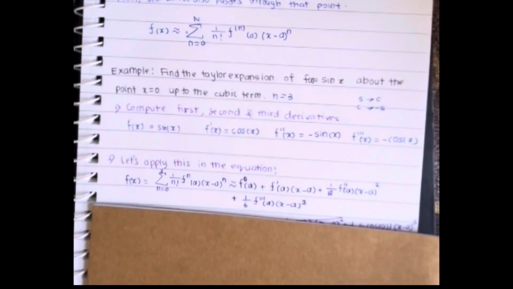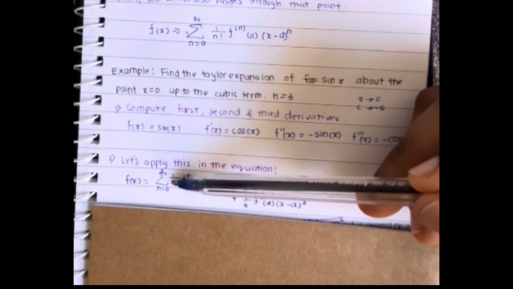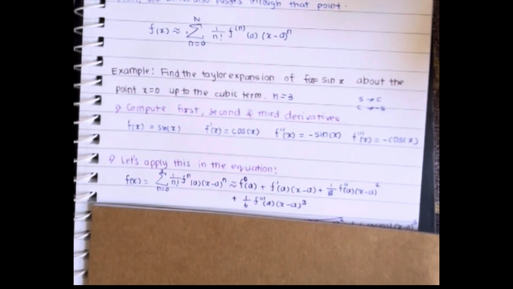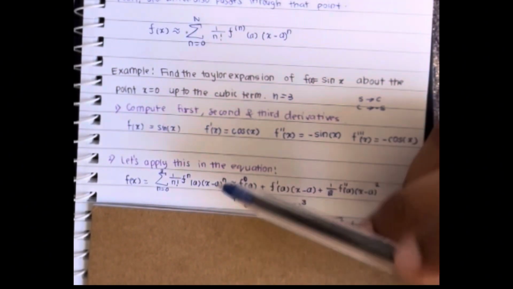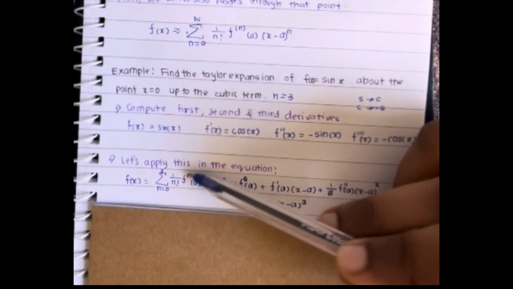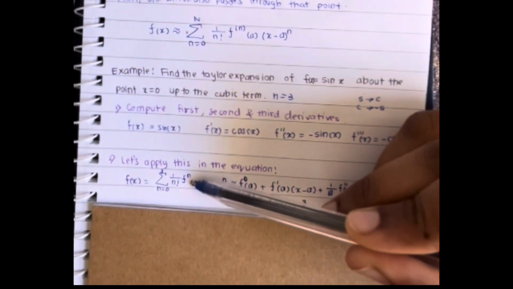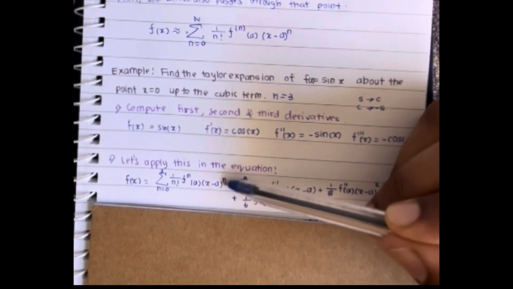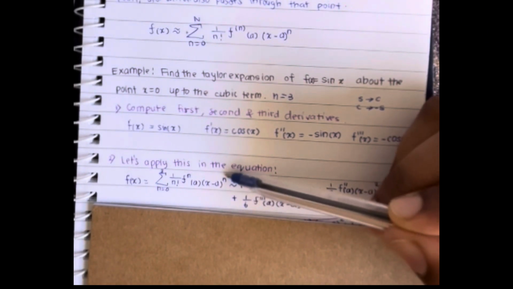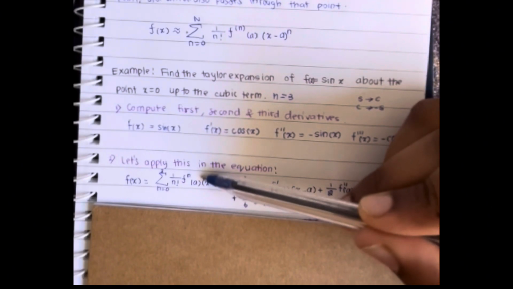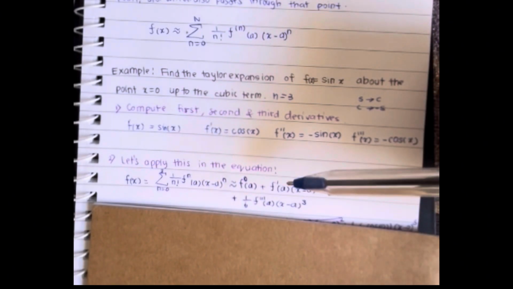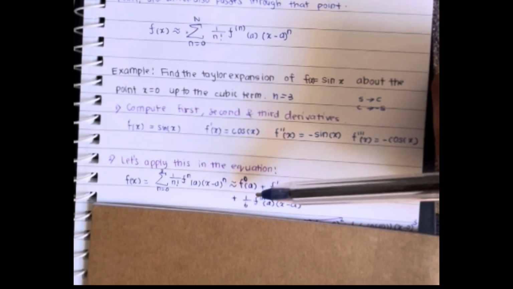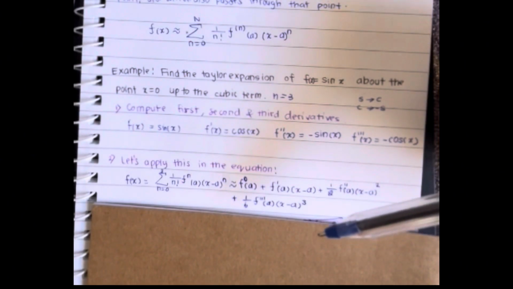So 1 over 0 factorial would be just 1. Then f to the 0 at a, then (x minus a) to the power of n, where n is equal to 0. So this whole term would be equal to just 1. So we have f at a.